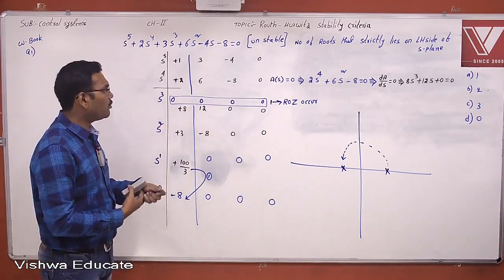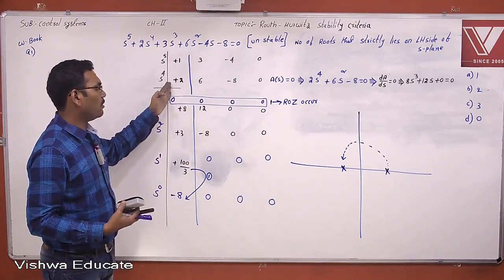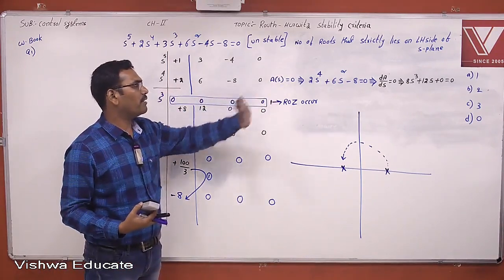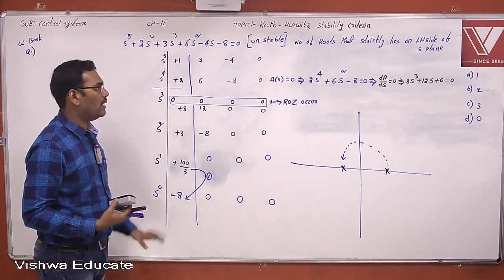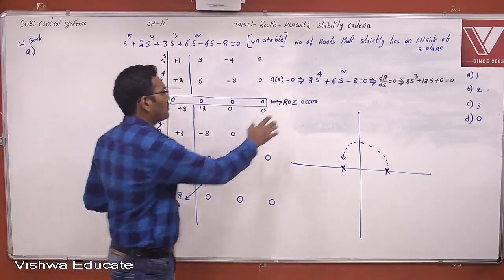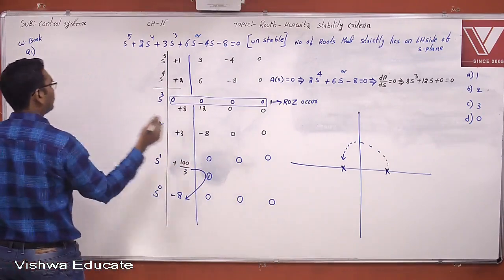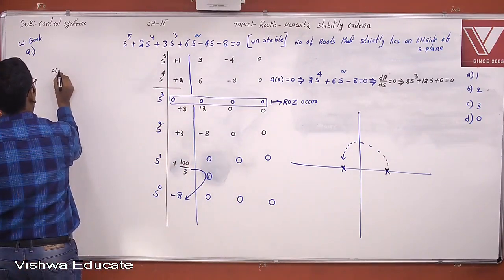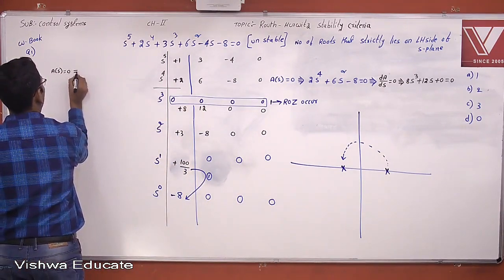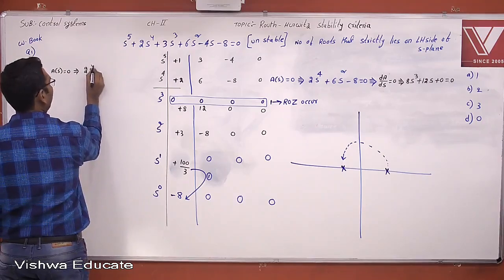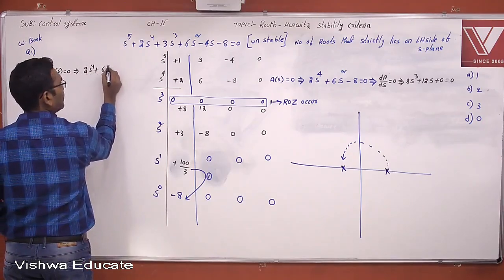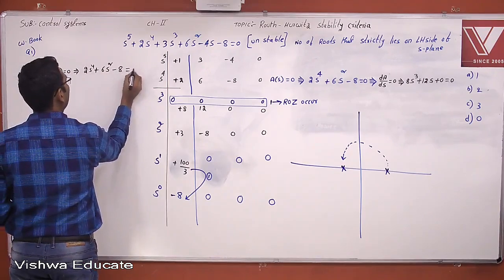Now you can find the roots of this auxiliary equation. The auxiliary equation is 2s^4 + 6s^2 - 8 = 0.